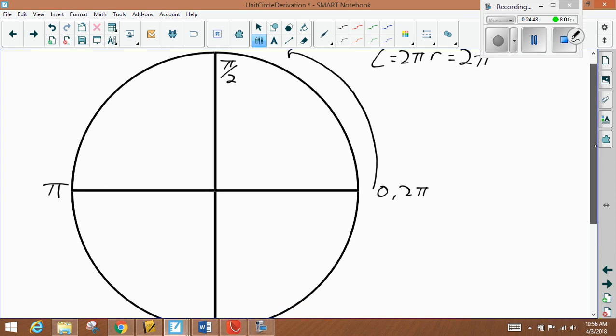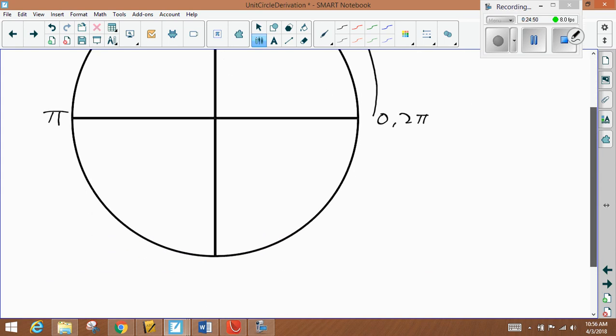Okay. Then how about down here at the bottom? Well, you're past pi, right? So it's like pi and a half. So, how about 3 pi over 2?